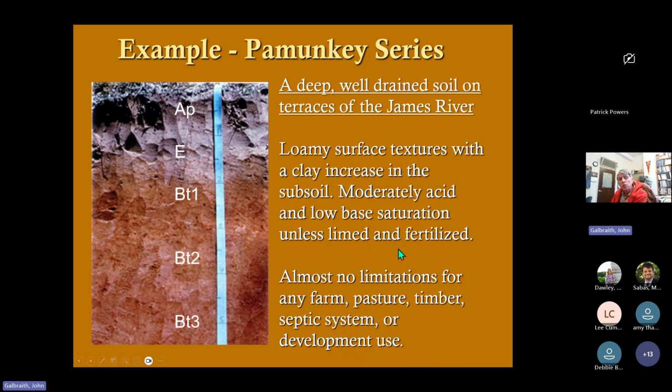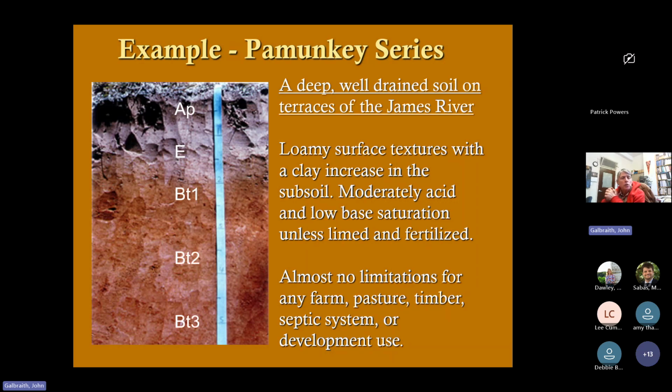Here's a picture of the state soil of Virginia, and it is called the Pamunkey series, and it is found along the floodplains of the Pamunkey and the James River, two of the big ones. And I think either one of the other rivers in the area, they're found on river terraces.